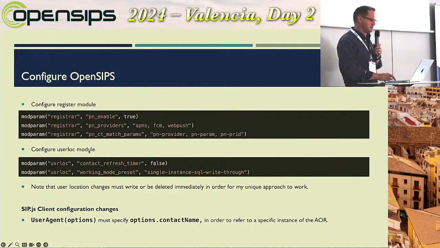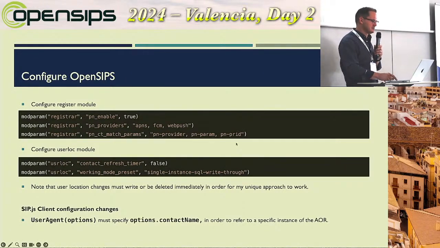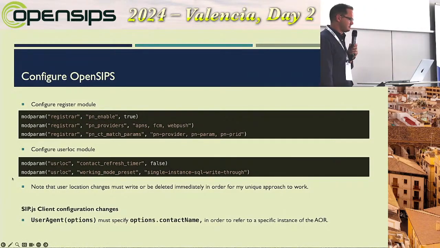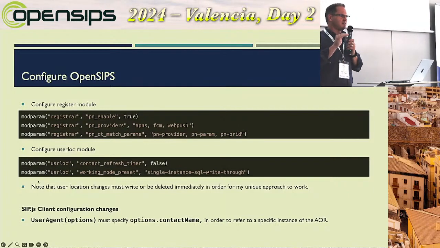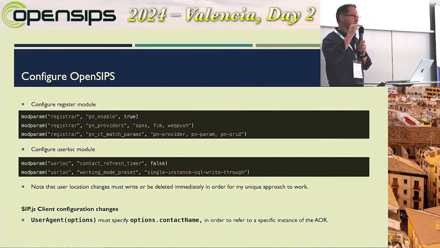So in the user location module, we're not going to use the contact refresh timer because we don't need to. And the other thing that we're going to do is write through to the SQL, the MySQL database. So what that does, as you can see here, is part of the user location module: whenever users are added to the location database, they're written immediately to the database, and we're not using the cache system.